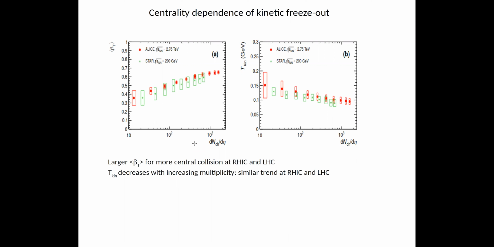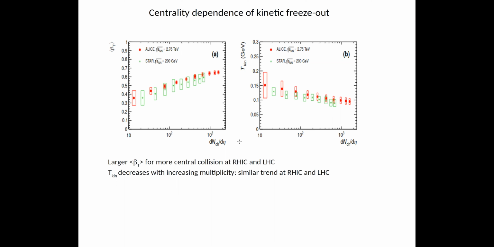For both cases, beta t increases for more central collisions, both at RHIC and LHC, whereas T kinetic decreases with multiplicity, since more central collisions have more multiplicity. A similar trend is observed at RHIC and LHC.